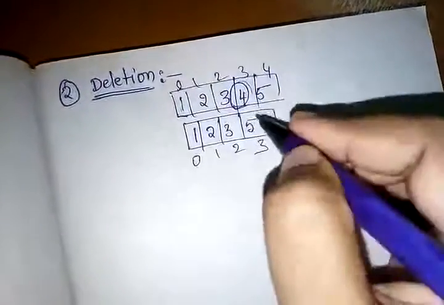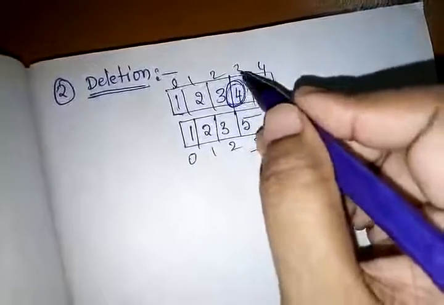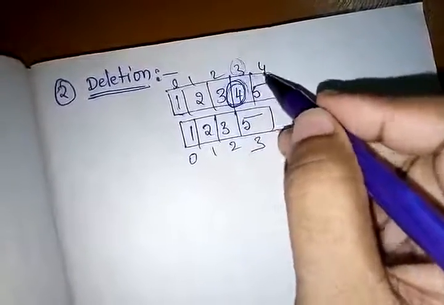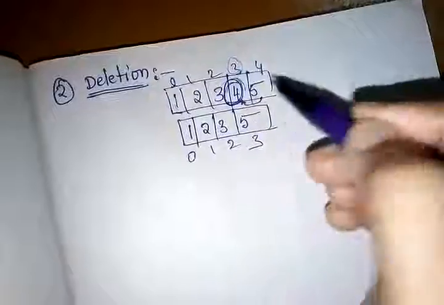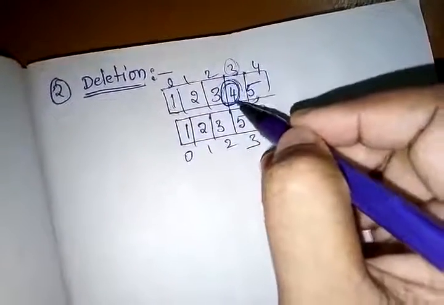That is, when you delete an element, the deleted element's index will be occupied with the element in the next index. This 5 will be occupying the position or the index 3.